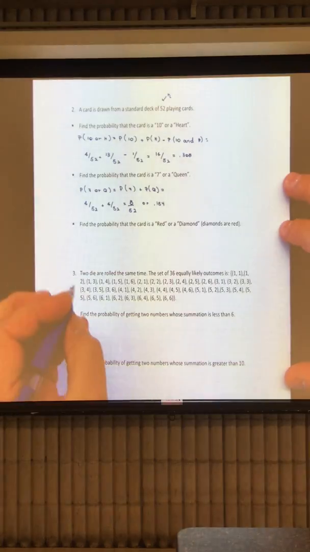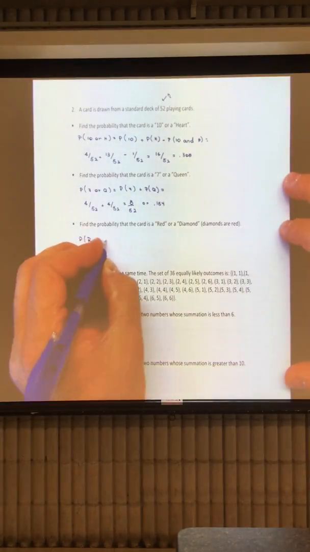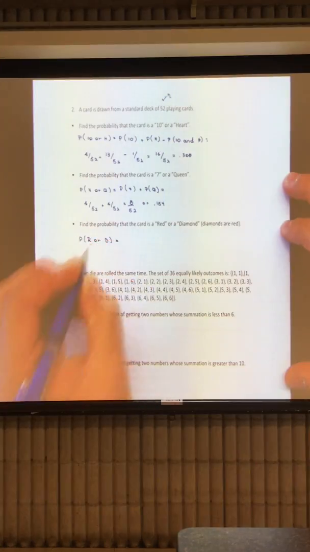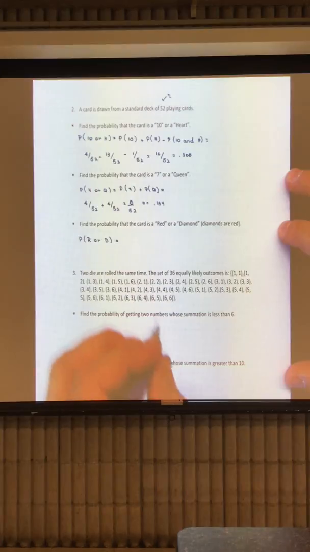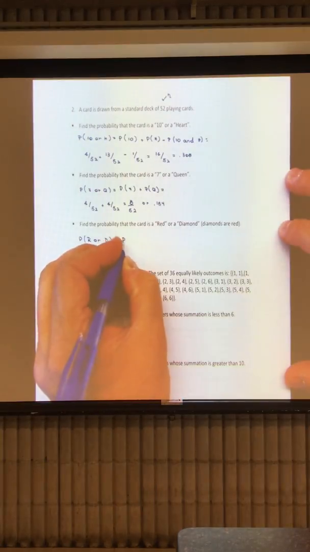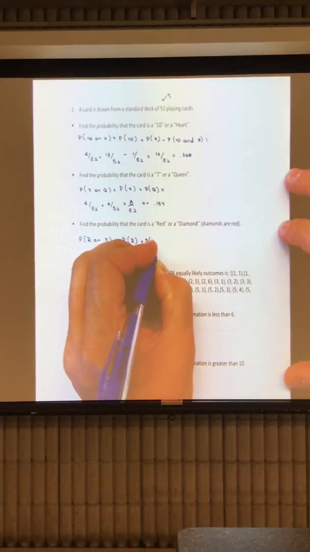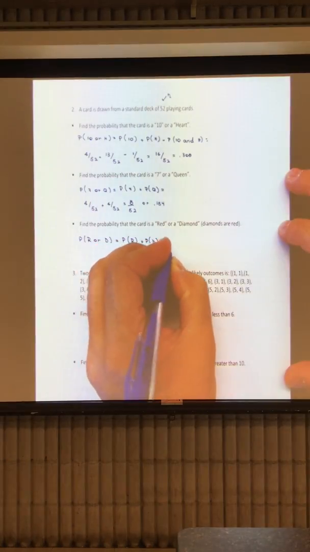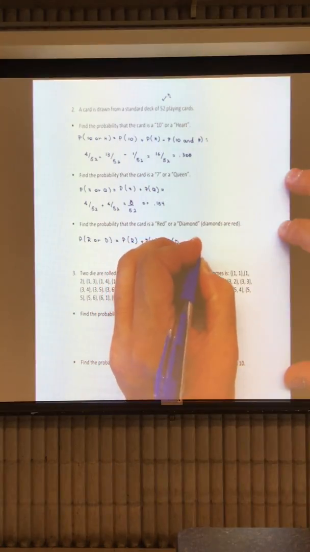What is the probability to have a red or diamond? Keep in mind, we have it in the PowerPoint slides that diamonds are red. So this is going to be the same as the probability to have a red plus the probability to have a diamond minus the probability to have a red and diamond.